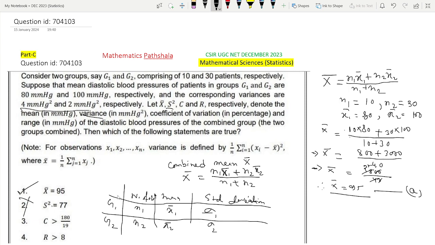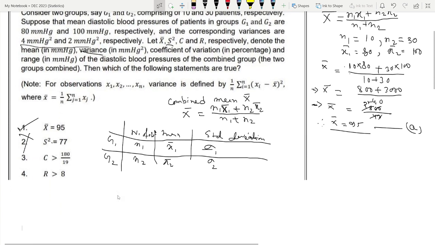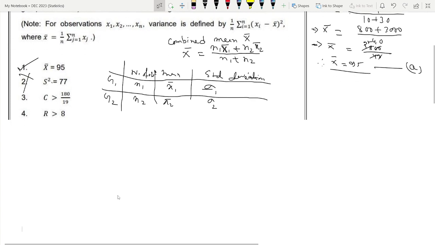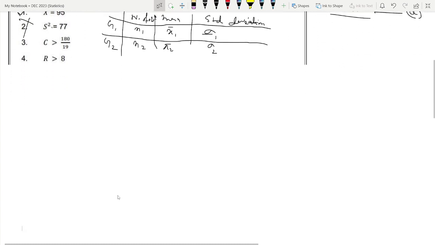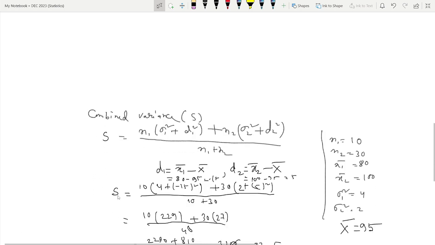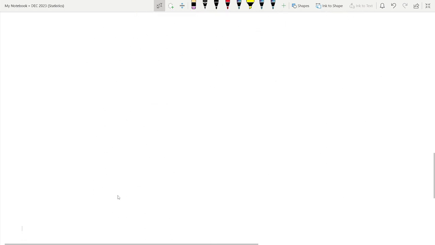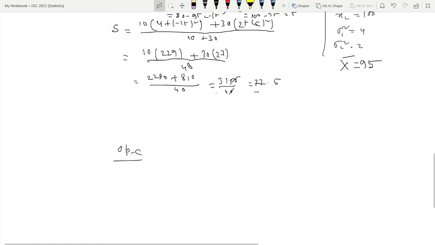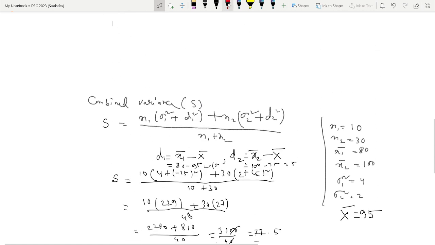Sorry, it is A square because it's combined variance, not combined standard deviation.